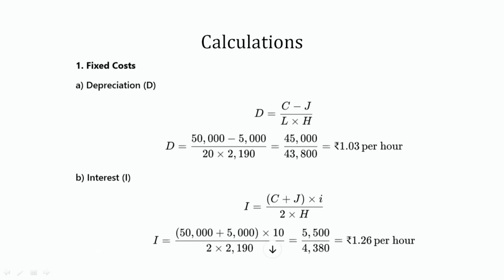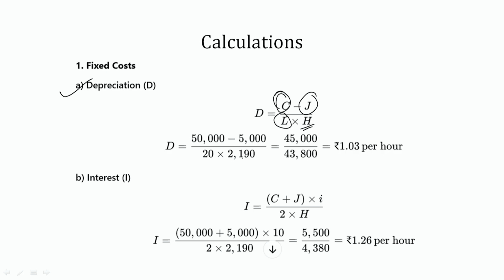Now coming to the calculation part: the fixed cost covers the depreciation, interest and some maintenance. The first is depreciation. So what is depreciation actually? Depreciation is the installation cost minus the junk value, divided by the total life of the biogas plant and the working hours in a year.